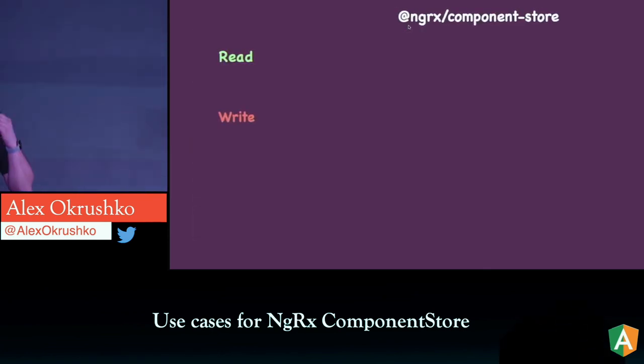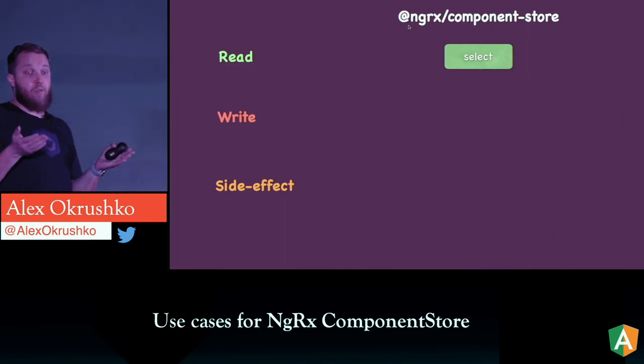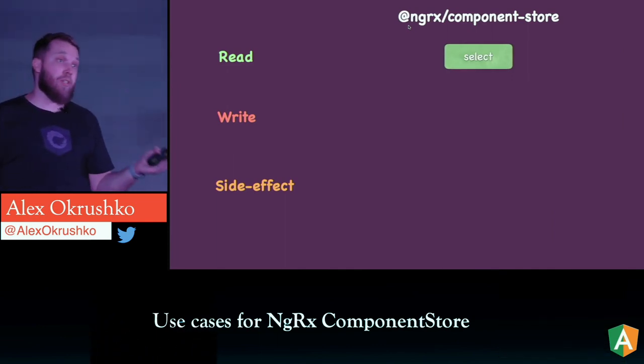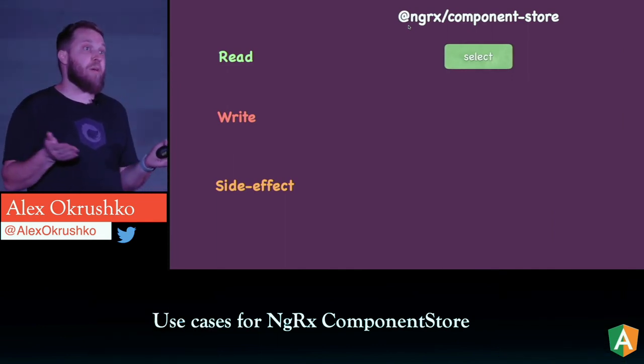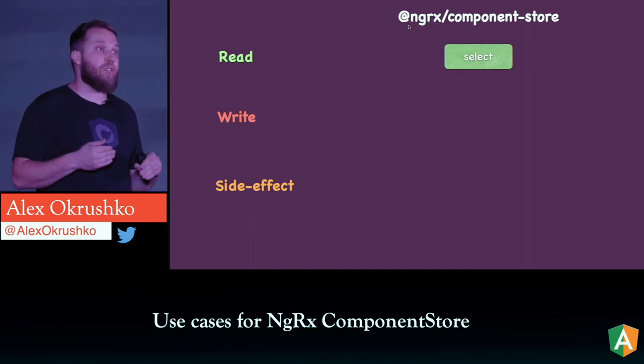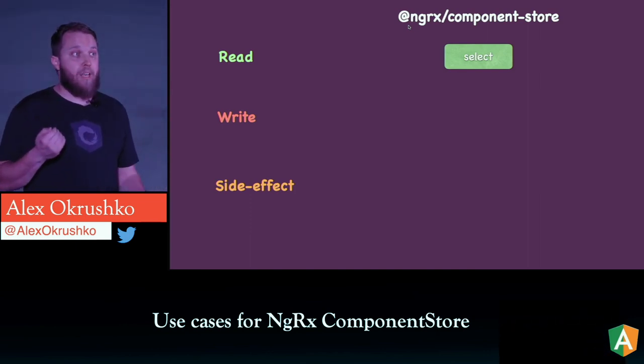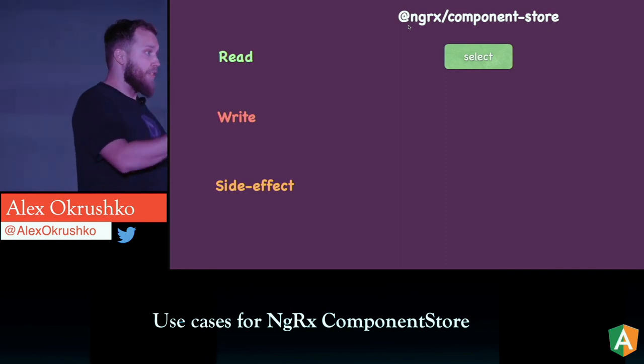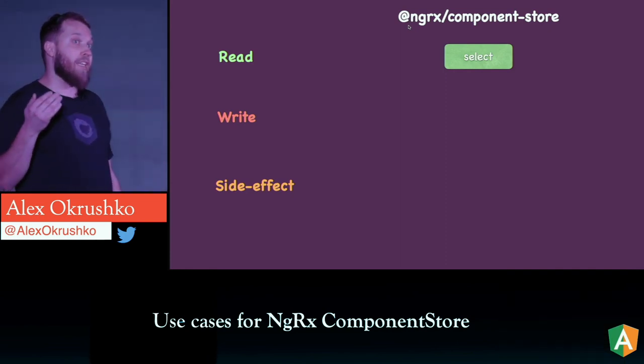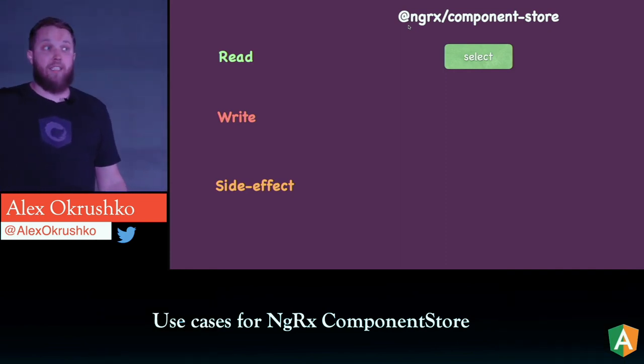All right, so let's see what the NgRx ComponentStore is. As a state management library, it needs to do a few things right. It needs to be able to read the state. It needs to be able to write the state.